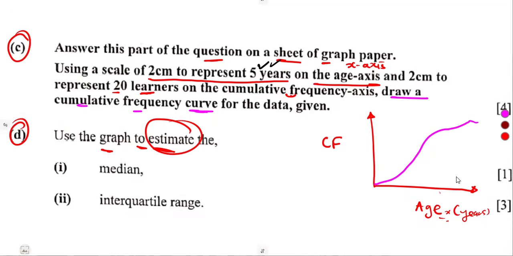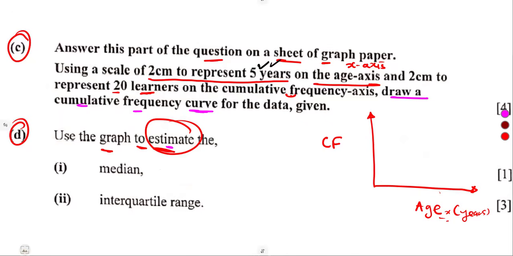That is why they need you to just have an estimate value from what you obtained from your graph. Your answers might be slightly different, not that much bigger, slightly different.